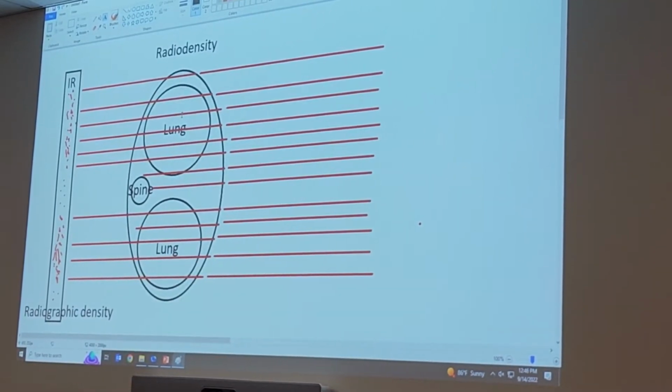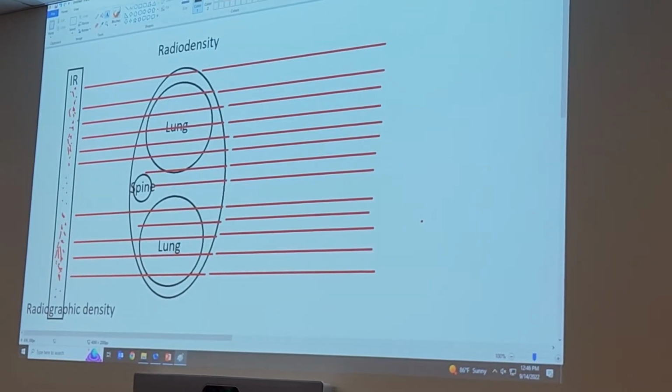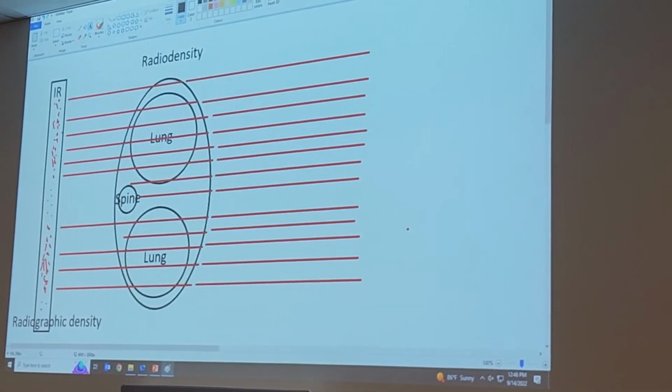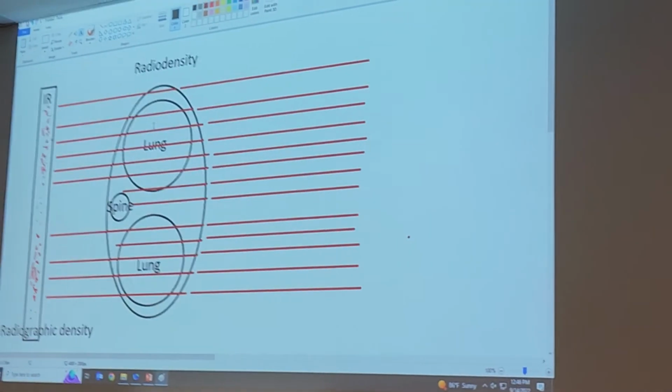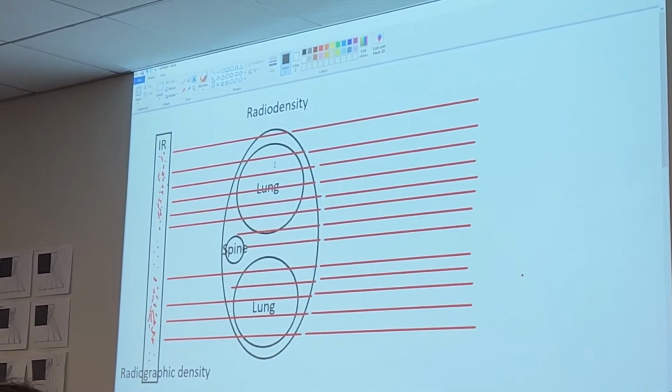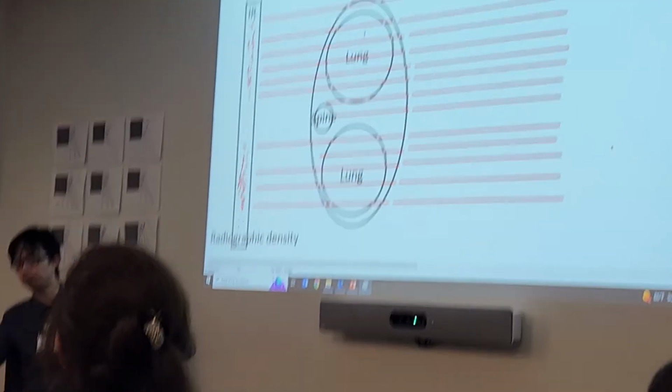No, they do not. The X-rays pass through. So why did they pass through? It's because it's radiolucent. So this is not radio dense. It is not blocking X-rays. Radio density is about the ability to block X-rays. And radiographic density then is going to be the color on your final image, if that helps.